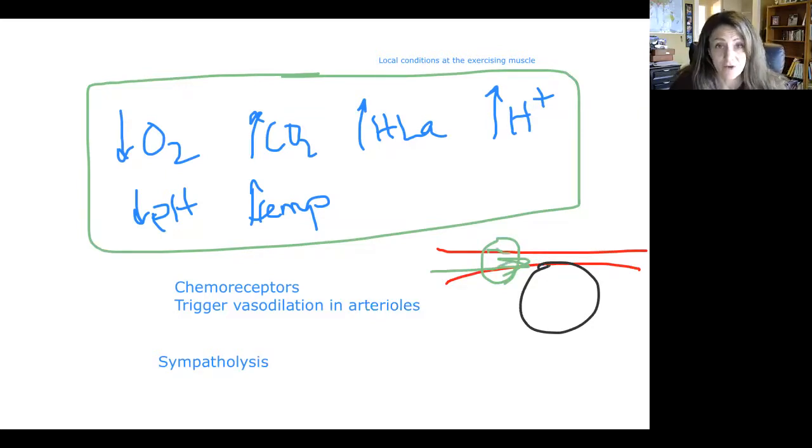And epinephrine is trying to vasoconstrict there. But because we have all these conditions happening right here, that's going to cause these vessels to dilate, which is going to bring in more blood flow. So we have two things trying to act on the arterioles. One of them has to win. So that battle is the sympatholysis.